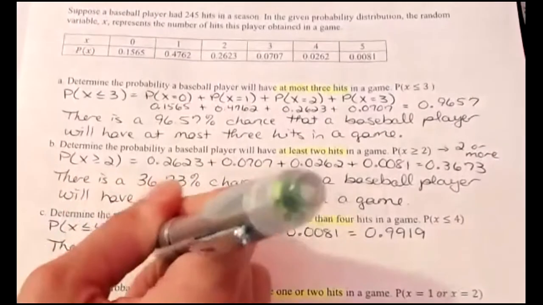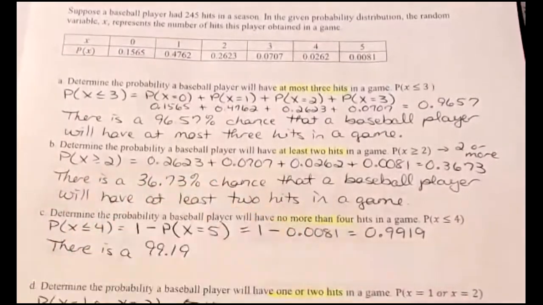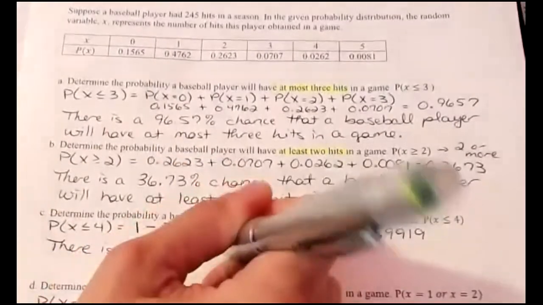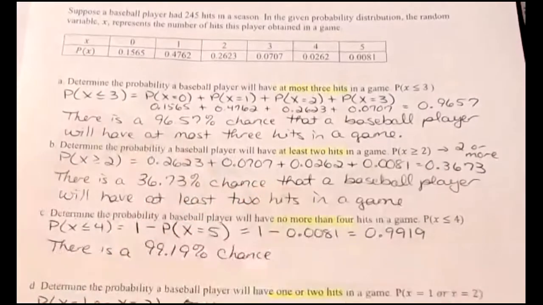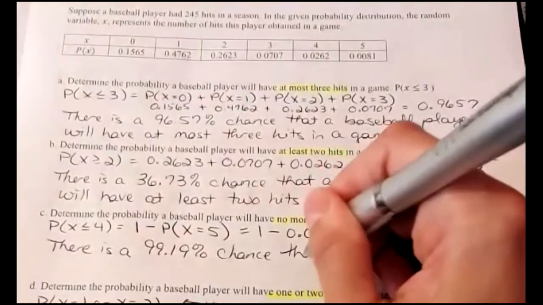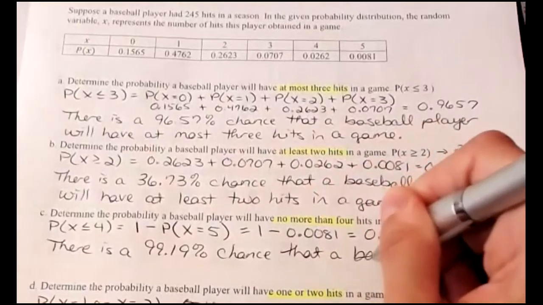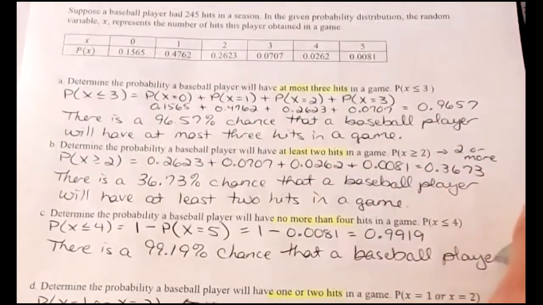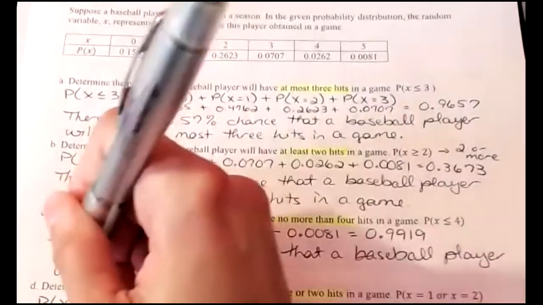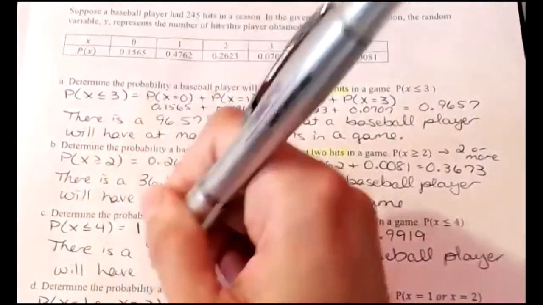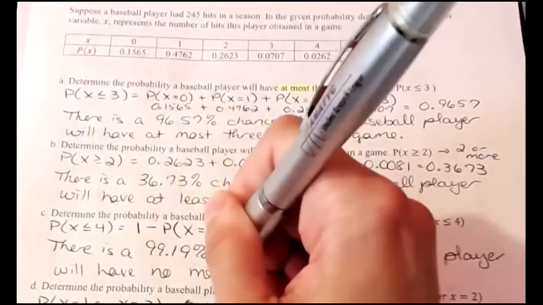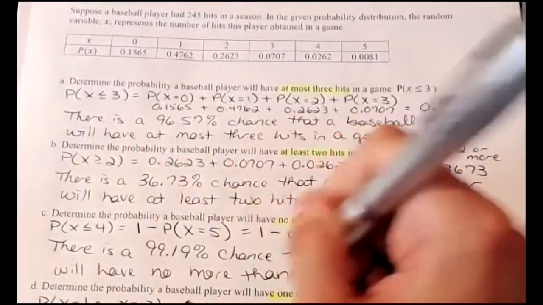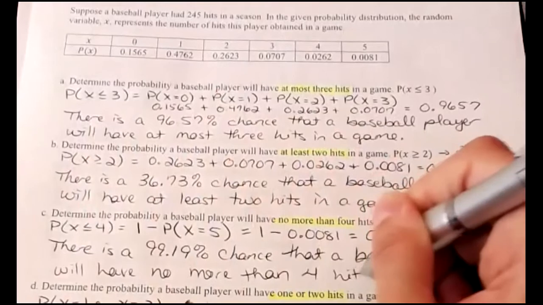There is a 99.19% chance that a baseball player will have no more than 4 hits in a game.